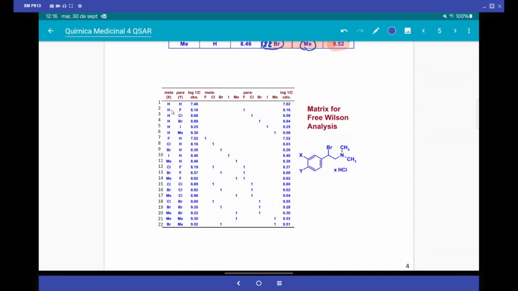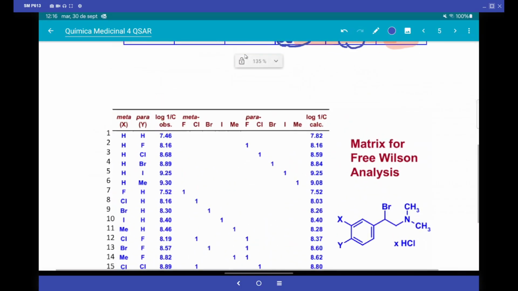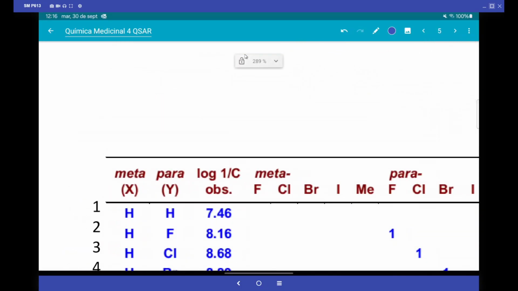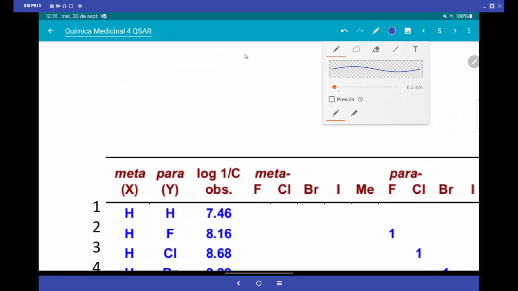Then, to remember more or less what each compound was, you can place the variations of fragments, or the SMILES code, so you do not have to report again what is in meta and what is in para. And we have the observed biological activity, so what goes there again is the pIC50. This is very important: it is the experimental pIC50.